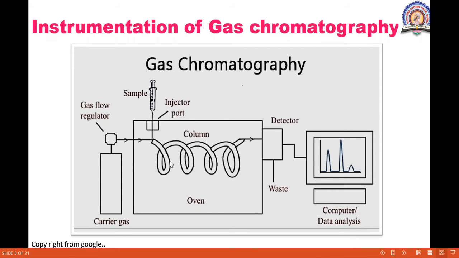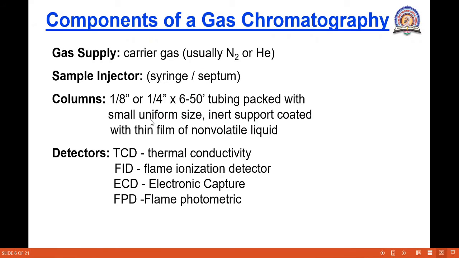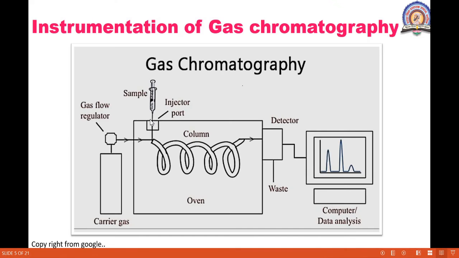Okay, this is the column and this column is heated by this oven. And then whatever elution takes place is detected in the detector, the waste comes out from this side, and the detector data is analyzed in the computer.